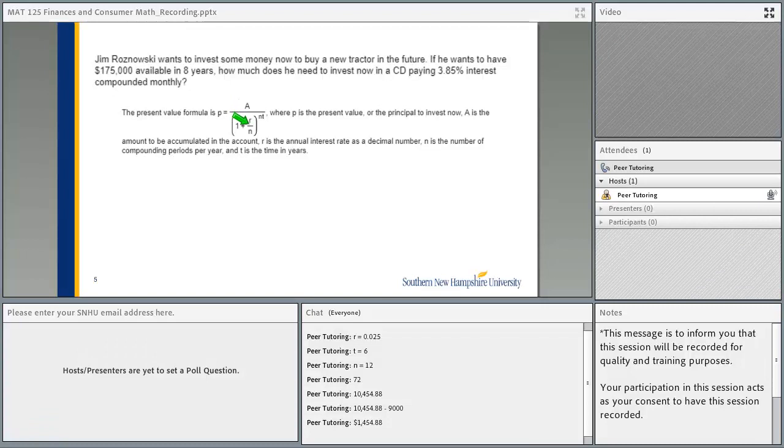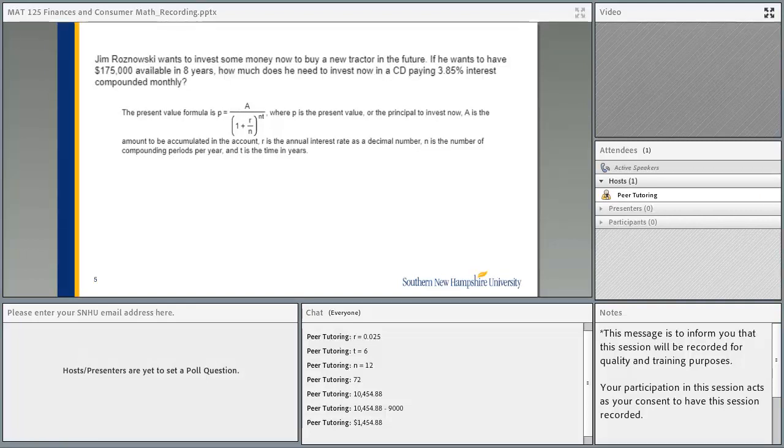So we need to know how much we need to invest now. A is the amount to be accumulated in the account, and R is the annual interest rate as a decimal number. N is the number of compounding periods per year, and T is the time in years.